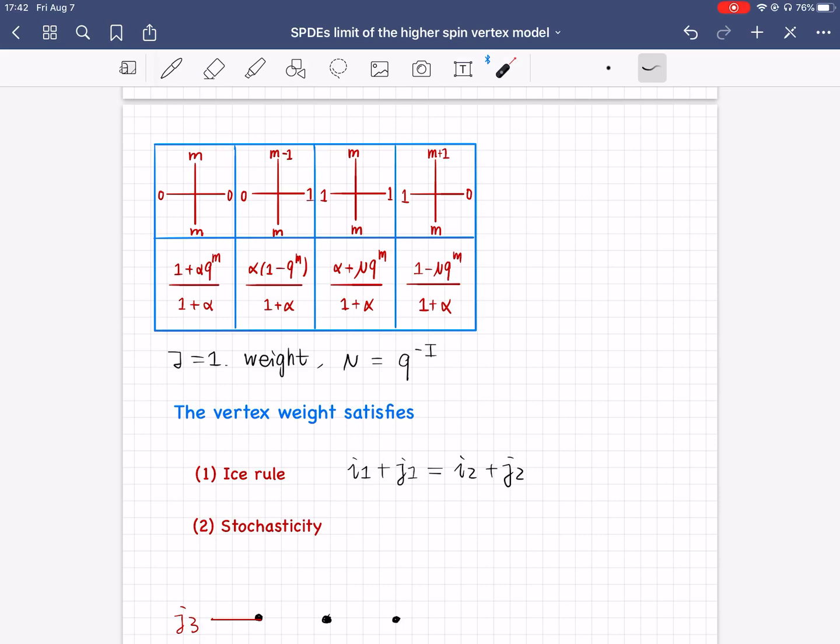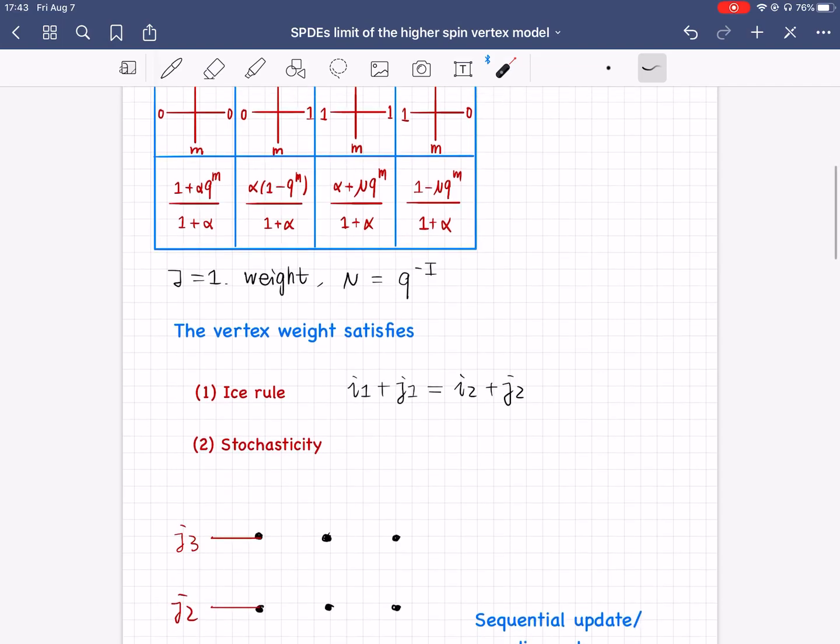Then if you assume some positivity of the vertex weight, actually this weight gives you a transition probability from the input to the output. In other words, given the input, you can sample your output according to a vertex weight, which is also a probability measure.